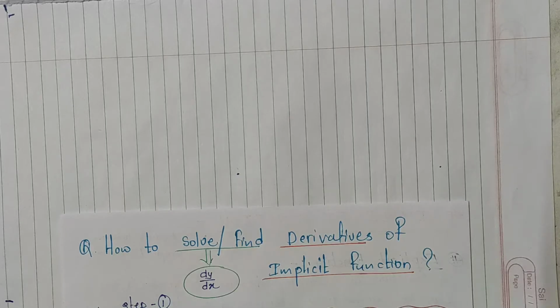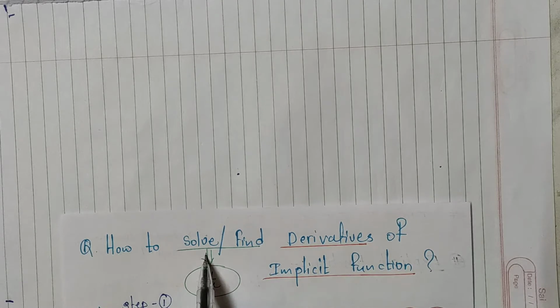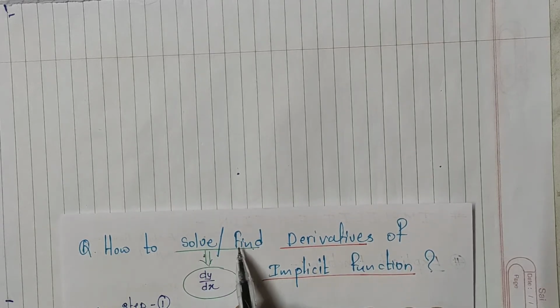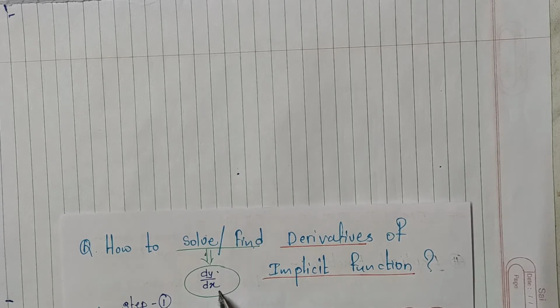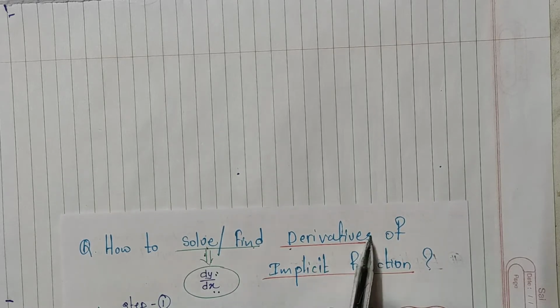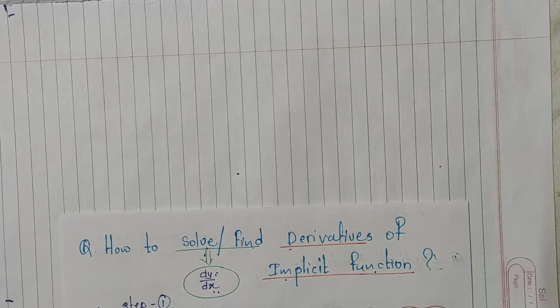Then my next question is how to find dy upon dx, means differentiate y with respect to x. But for which function? How to solve derivatives of implicit function. Therefore here I am making two steps.